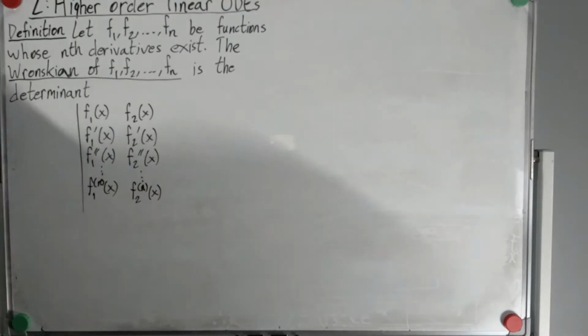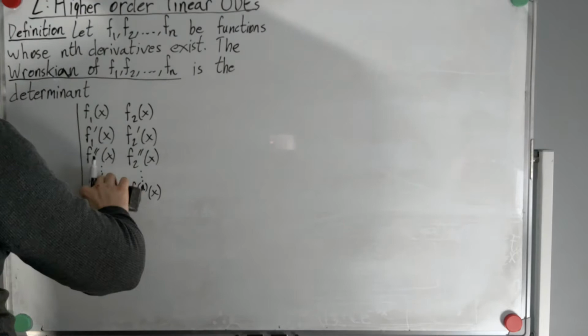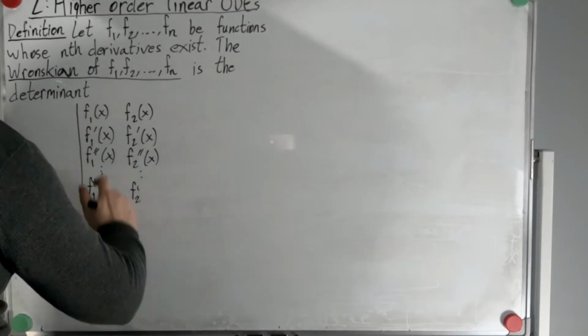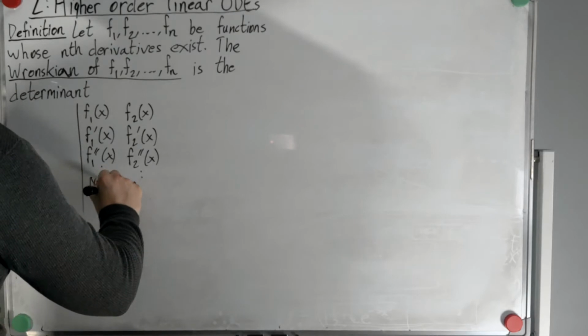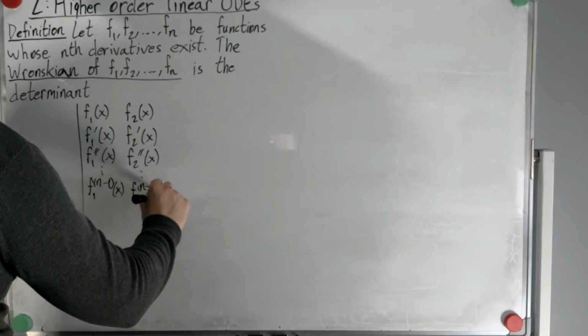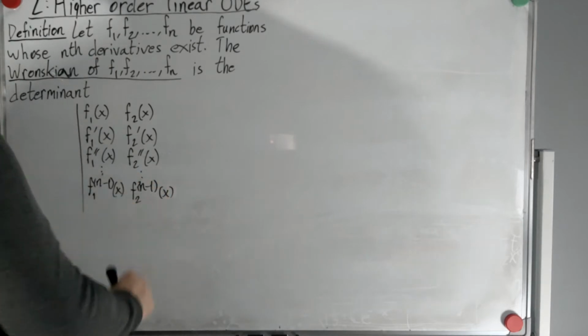Or wait a second, no, I'm getting this wrong. These would actually be n minus first derivatives. There we go.